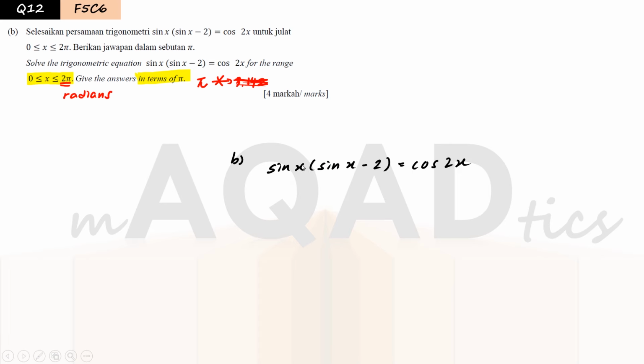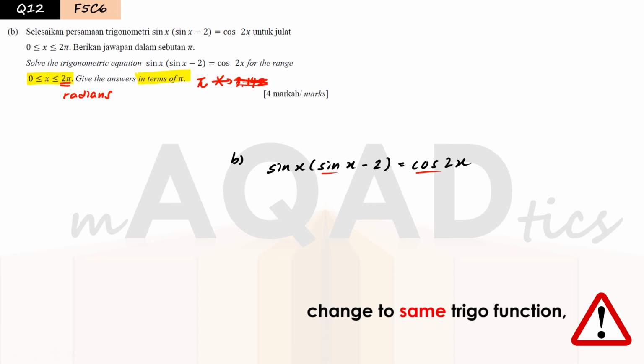Okay, so to solve this trigo equation, if you see, there are actually two different kinds of trigo functions, sine and cos. Usually I would recommend changing all of these trigo functions to become the same function.